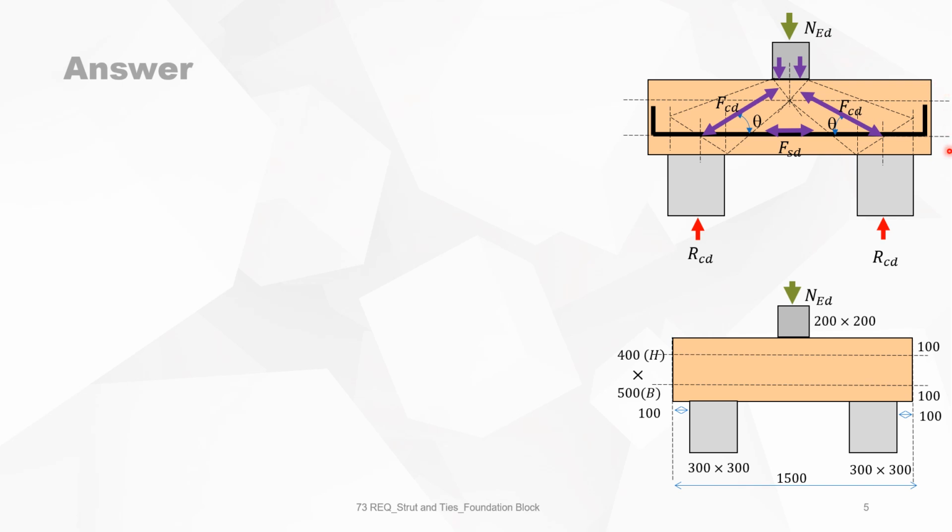So this is the mechanical picture of the different forces, and this is the geometry. So we start first to be sure, are we now in a D domain or in a B domain, or is it resisting by bending or resisting by tie and strut method? So we check this.